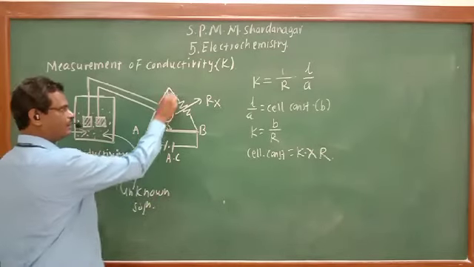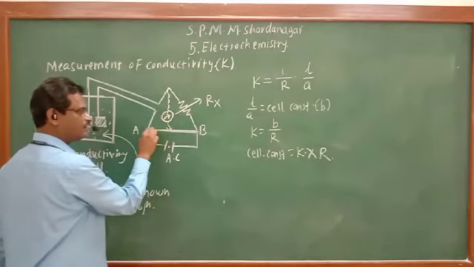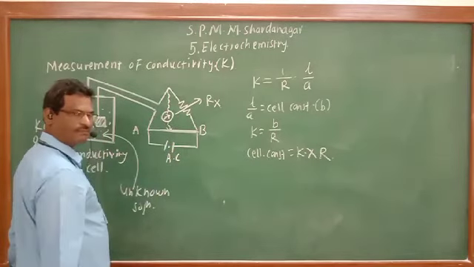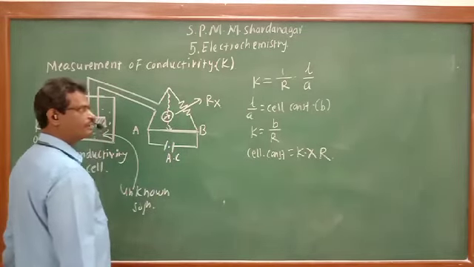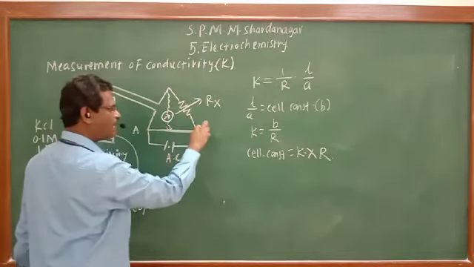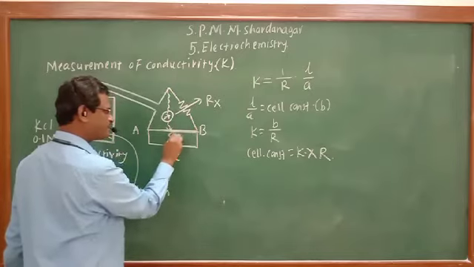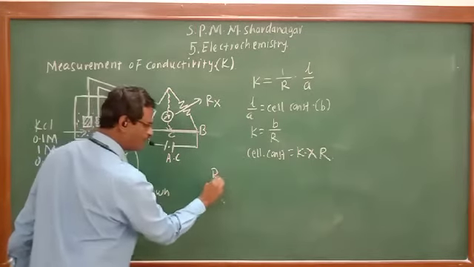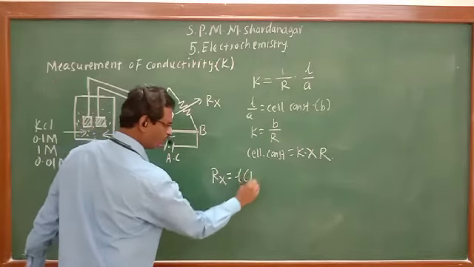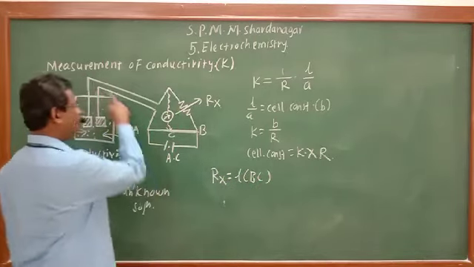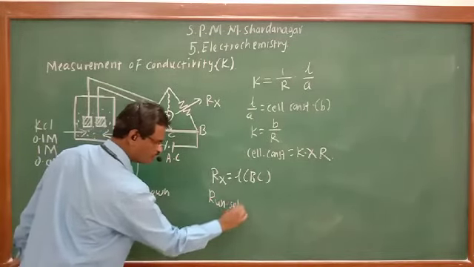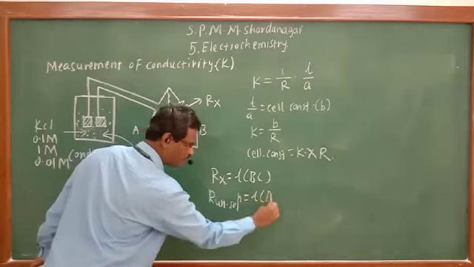Whenever current detector is pressed on wire AB so that zero deflection is obtained, let it be at point C. Rx is known resistance, it is proportional to length BC, and R of unknown solution will be directly proportional to length AC.